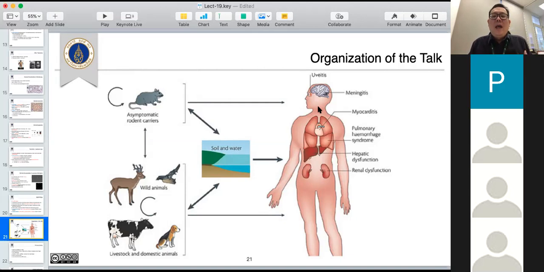Or hepatic dysfunction, by infecting the hepatocytes, and probably come up with jaundice. Jaundice is pale yellow skin, something in the eye and skin. And the classic symptom, they infect the kidney and cause renal failure, okay?